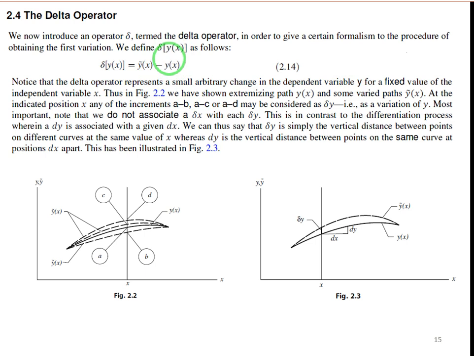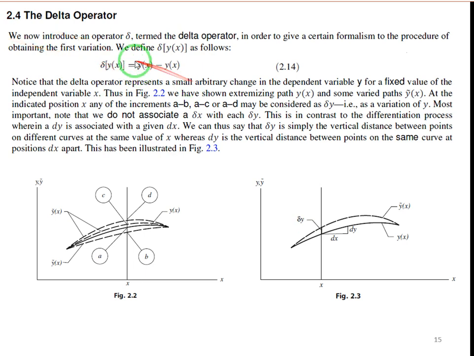For example, y of x is the solution of the functional problem, and y tilde of x is the set of all acceptable functions with a small arbitrary change with respect to y.